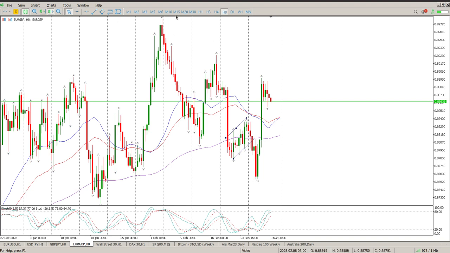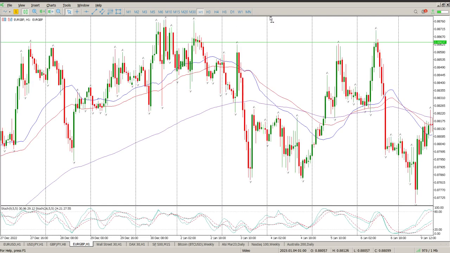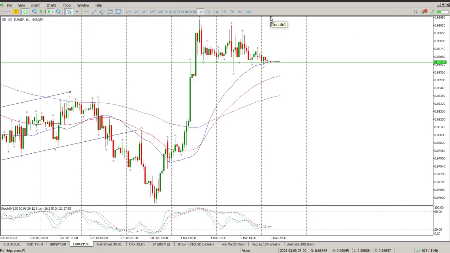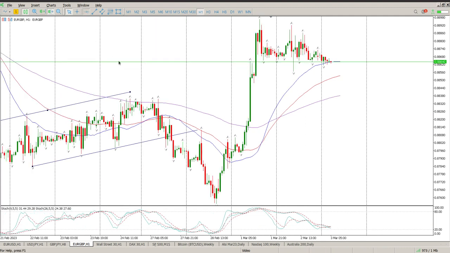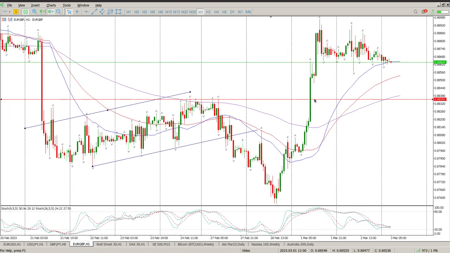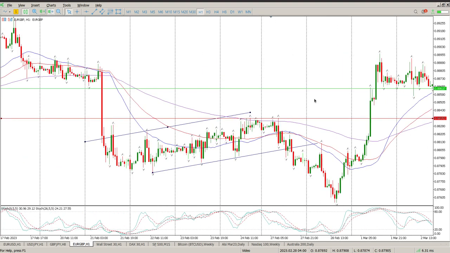So I'm not really willing to jump in on this, but the reality is that would be an area of support. That's 0.88353. Price gets down there, definitely look at it for a continuation to the upside.